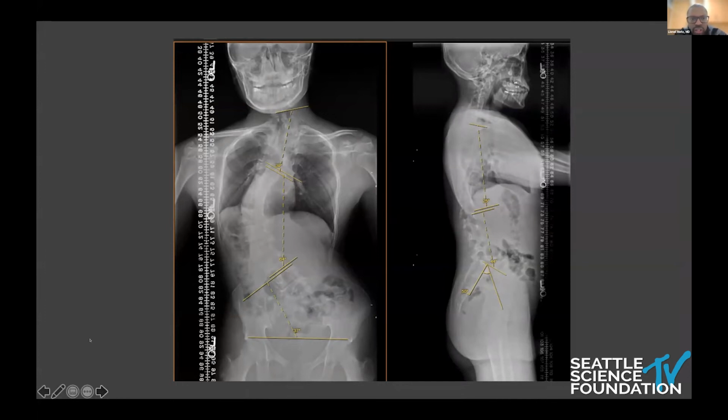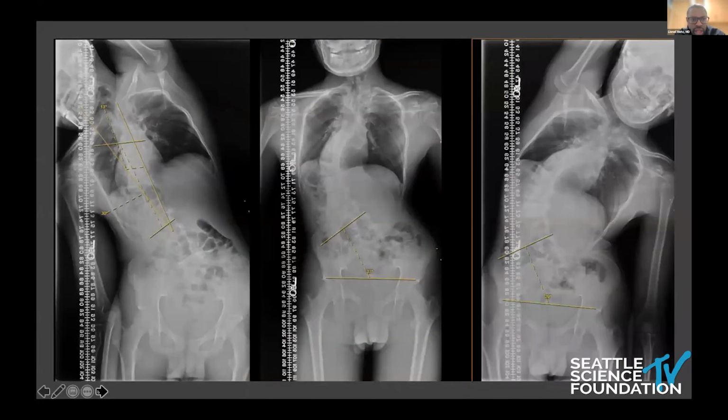At some point, this compensatory curve, which started as a compensatory thoracolumbar curve, turned structural, and we can see from the bending, if you go back to the bending there, that although it's partially flexible, it's still, I would say, structural at this point. One thing to consider is that really the only flexible part of his spine was from somewhere in the mid-thoracic region down to L4 or so, or maybe T8 to L4.